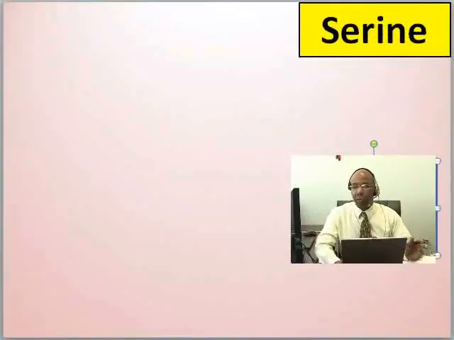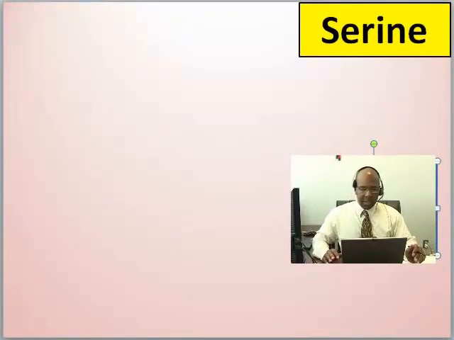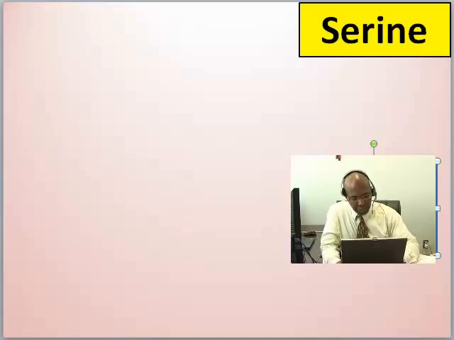Our first hydrophilic amino acid is going to be serine. The first thing we want to do, as before, is identify the parent compound of the side chain. So let's draw that here for serine. That parent compound is going to be CH3OH.